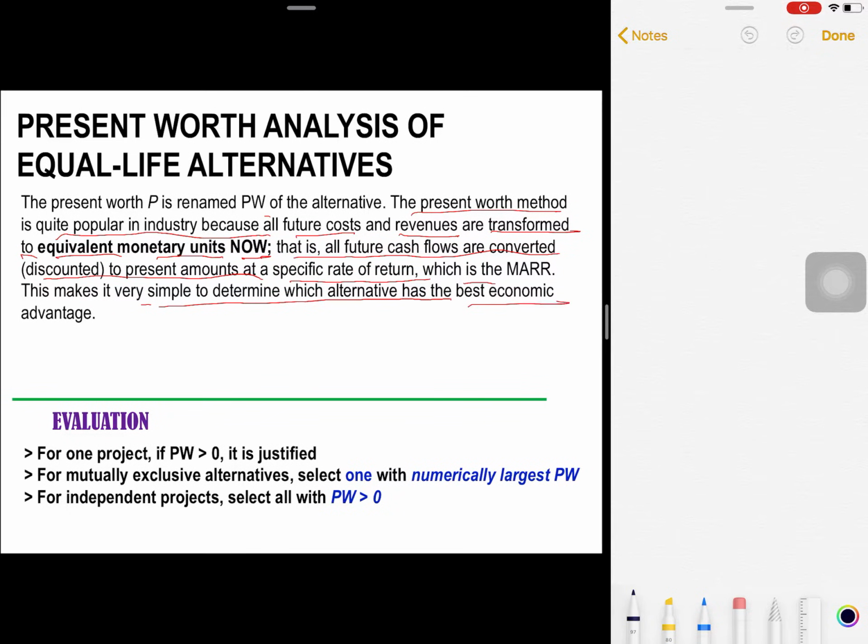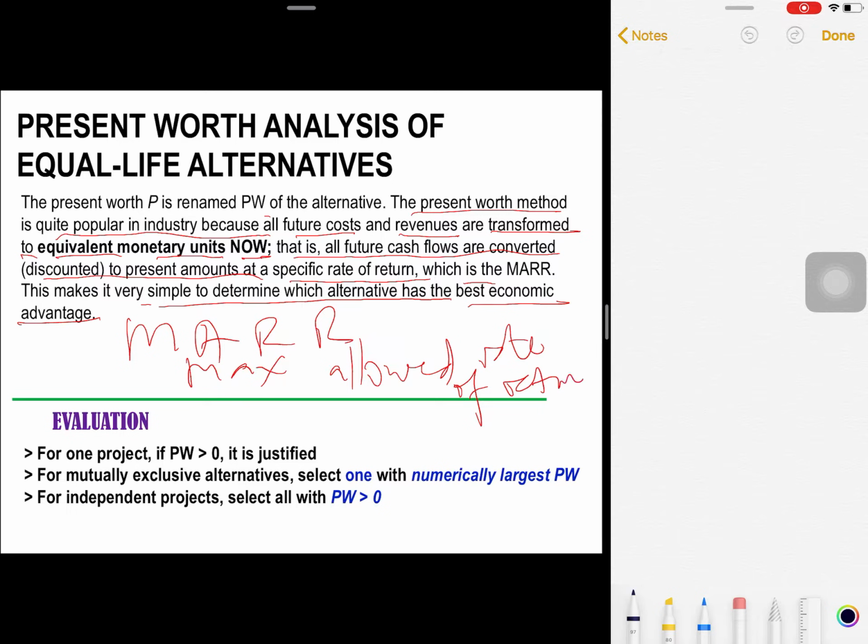So this makes it very simple to determine which alternative has the best economic advantage. So MARR is the minimum attractive rate of return. All right.